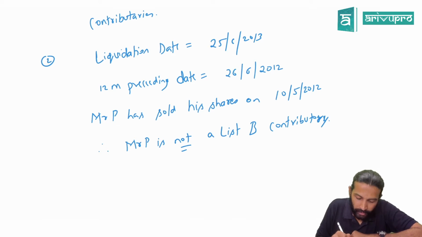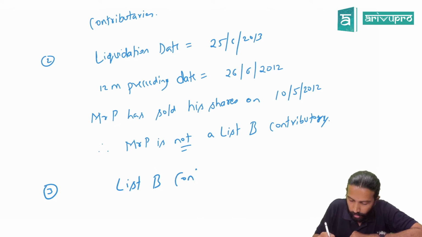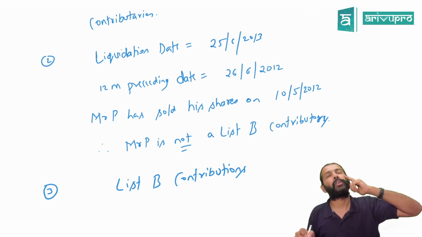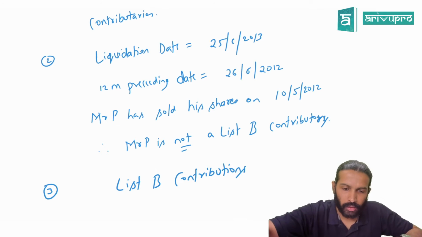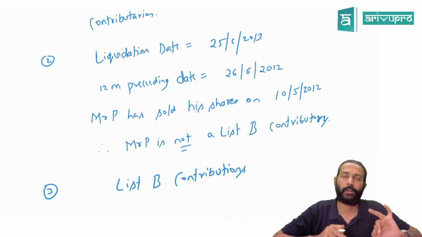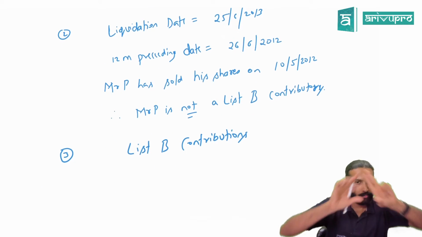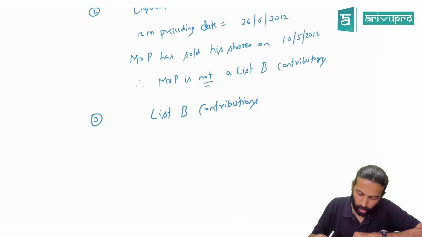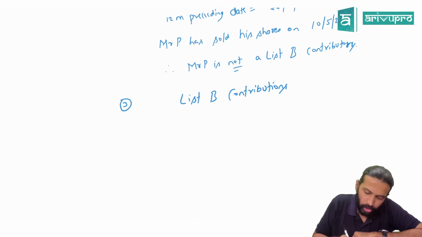Then you can give the heading as point number 3, List B contributions. You need to have 8 columns. Make 8 columns under that, small ones are okay. First is date of sale.